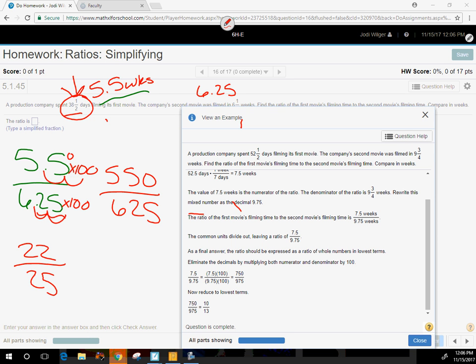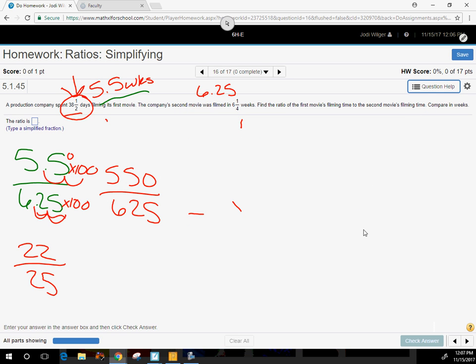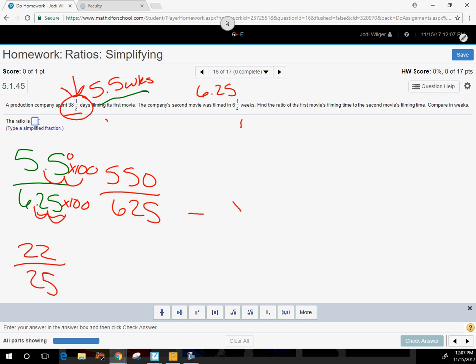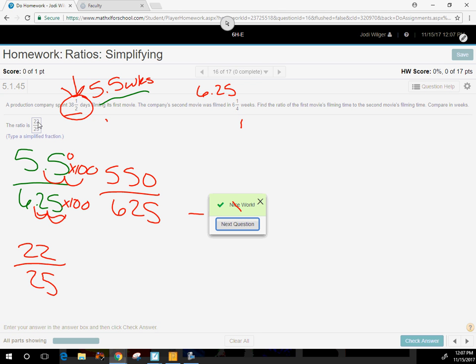Okay, that's not reducible. So I'm going to take a step over to my computer and make sure I am right. Let's see how this works out. Excellent work.